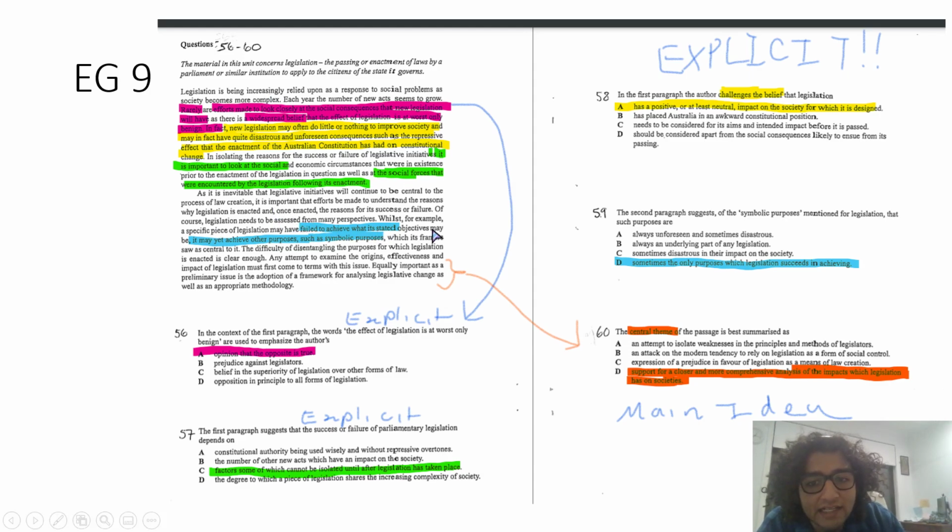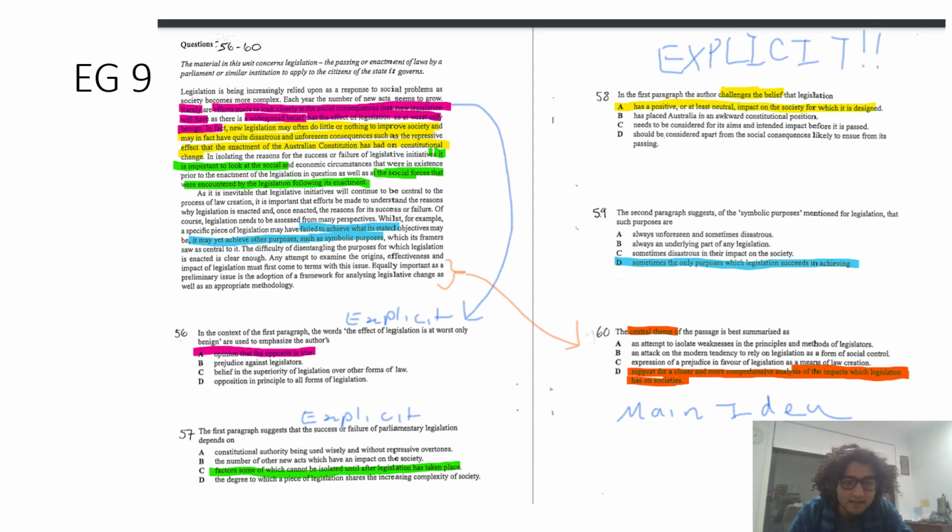This line explicitly says that the answer is D. Sometimes the only purposes which legislation succeeds in achieving are the symbolic purposes. It failed to achieve what it wanted to, but it still achieved just that symbolic purpose. D explicitly gives you the answer. You don't need to think about anything.